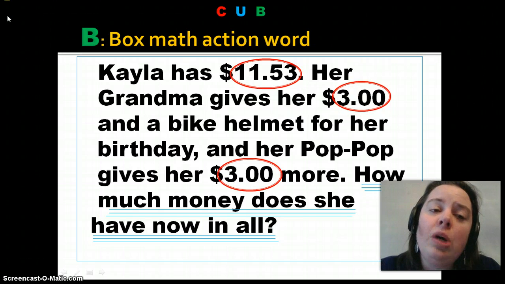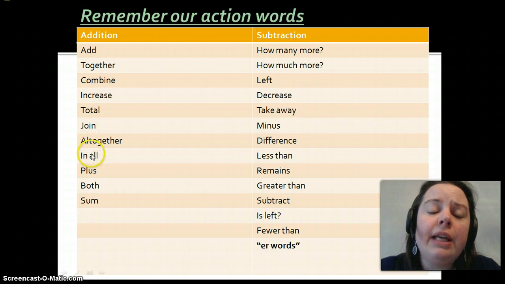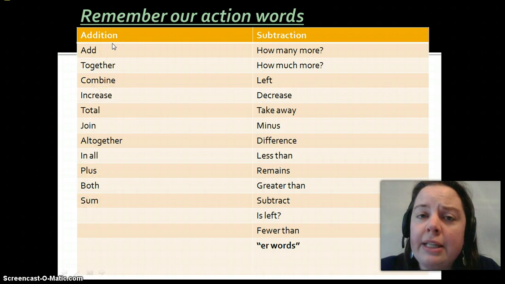Next is B. We're going to box the math action words. Let's review really quick the action words that we've already talked about. If we see words like add, together, combine, increase, total, join, all together, in all, plus, both, sum, we know we're adding. We're using addition.